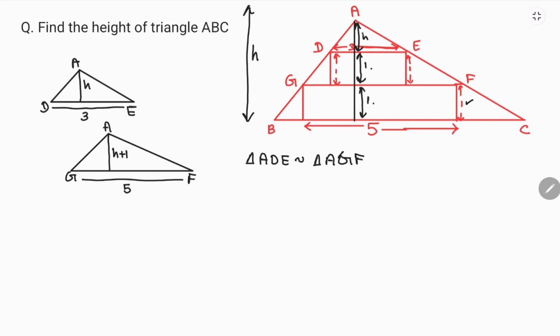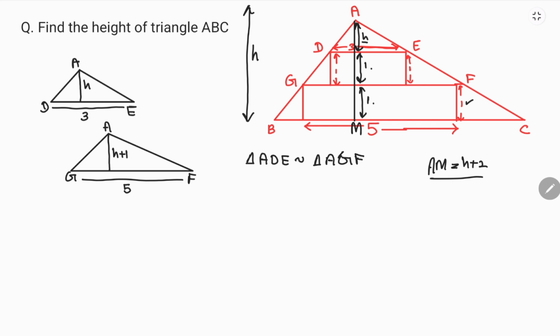If I say this point is M, we need to find AM, which is equal to H plus 2. So the main motive is to find this height H, and we know these two triangles are similar.